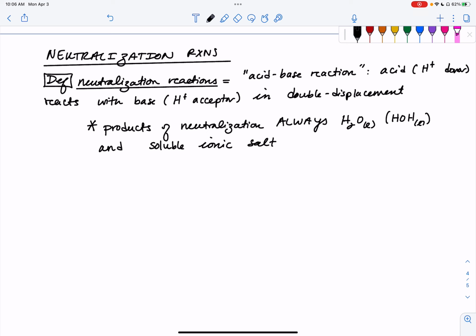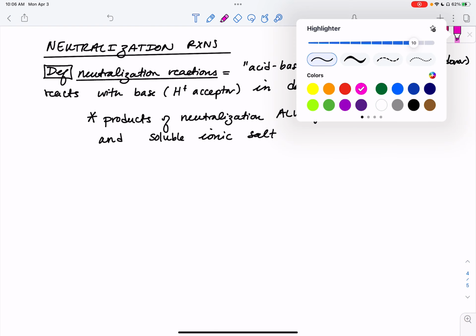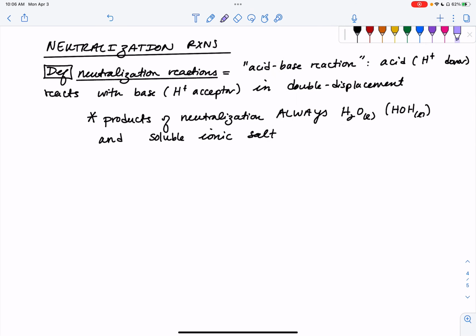Salt does not just mean sodium chloride, it means any kind of soluble ionic compound. So anytime we are discussing neutralization, we are always talking about acid plus base yields salt and water, where the salt is not limited to just table salt, it could be any soluble ionic compound. So let's practice some examples.